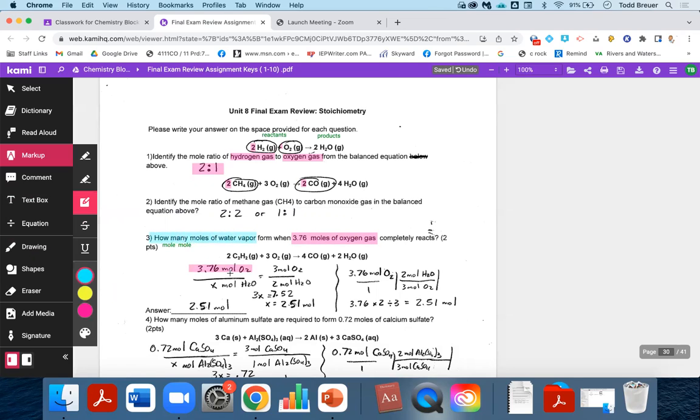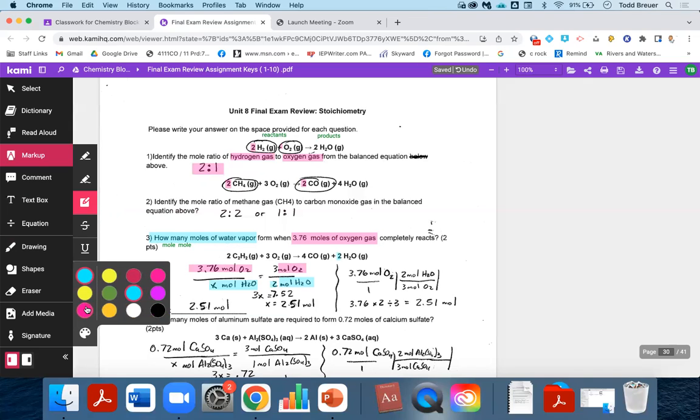So what you're going to do on the bottom of the fraction is put the desired amount, X moles of water vapor. On the right side, make your labels match: mole of O2 over mole of H2O, and then just pull the coefficients from the equation. For H2O, there's a 2, so we put a 2 on the bottom.